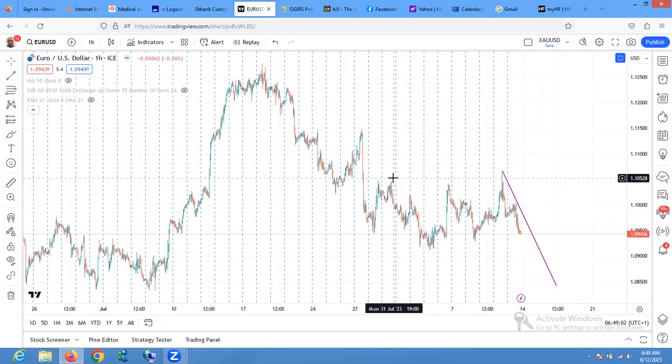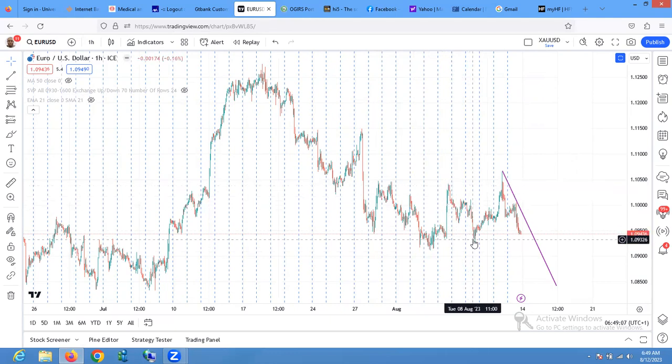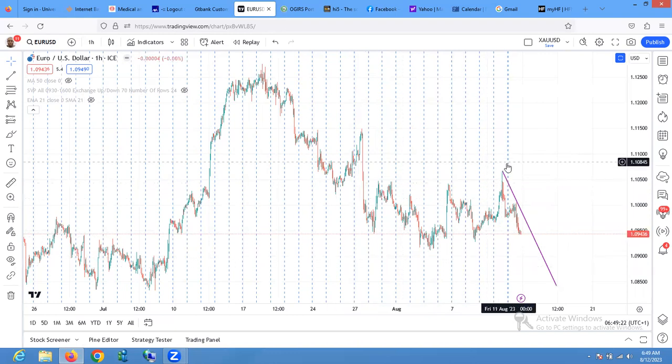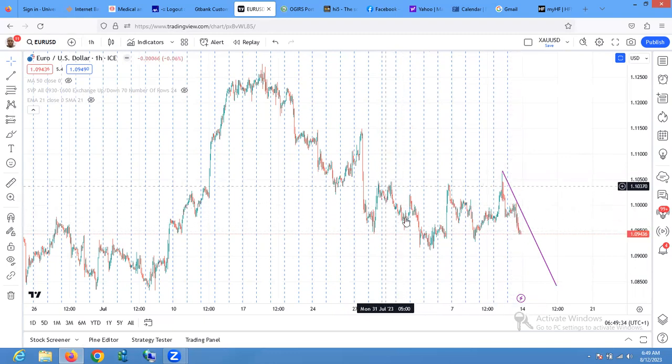So what can I see here? I can see an A, and I can see a B, and I can see a C, and I can see probably a D and an E. So if this is an E and it's a triangle, just like I drew the other time, like this, or that this is forming like, you can say maybe it's a triangle, and this is the sixth wave to the downside. 1, 2, 3, 4, 5, and this is the sixth wave to the downside.